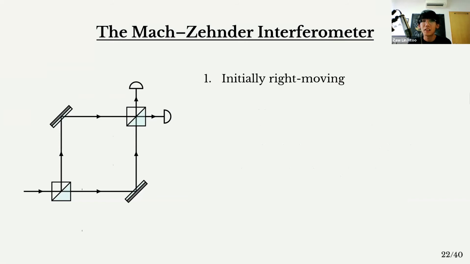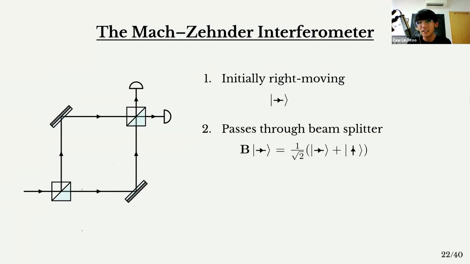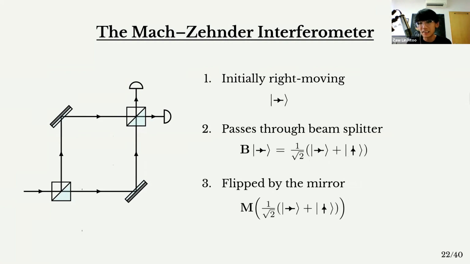So to really know what the answer is, we have to work it out with the rules that we have learned, right? So let's do that. Initially, we start with a right-moving photon state, and then it passes through a beam splitter. So you get a superposition of the right-moving photon and the upward-moving photon. Then it gets reflected by the mirror. So this is simple. You just swap the up for the right and the right for the up.